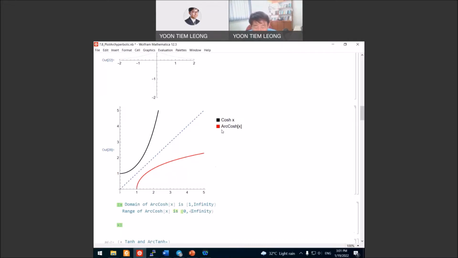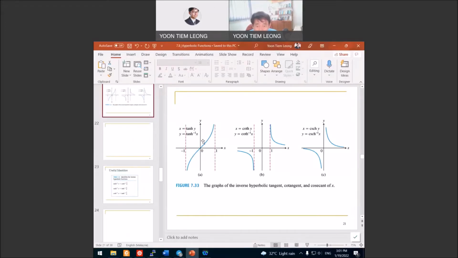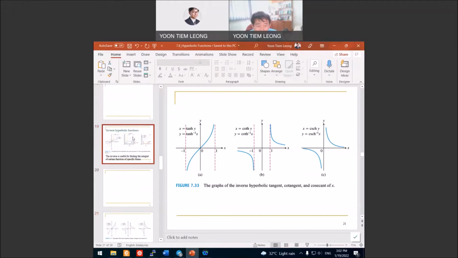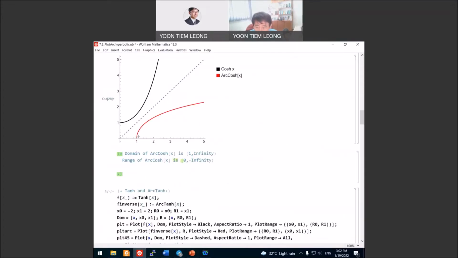Namely, this inverse is called the arc hyperbolic cosh. So I call this the arc hyperbolic cosh function. Here is the symbol that represents the arc hyperbolic cosh. So let me see. Okay, here is a graph that I just showed you, which is the graph in Mathematica, the red color.